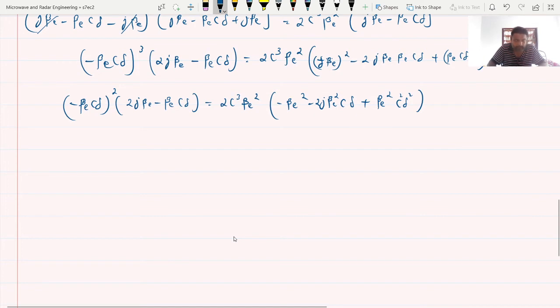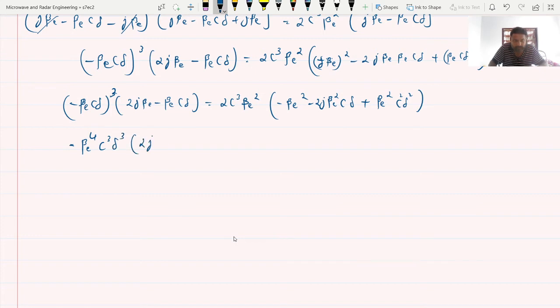So this is cube, this will be, I will take beta e outside. From this term I will take beta e, from this term I will take beta e outside. So beta e into beta e, beta raised to 4, into c cube delta cube.